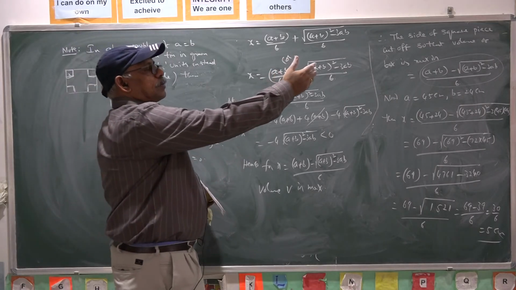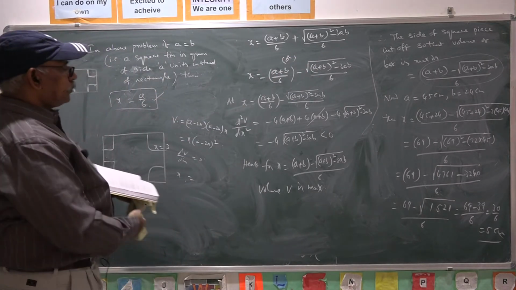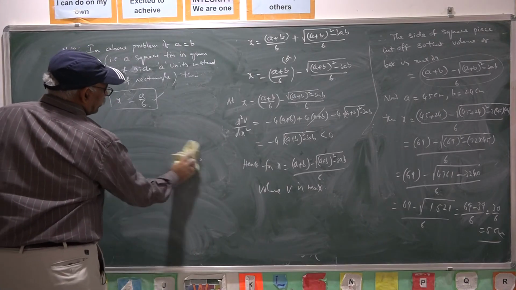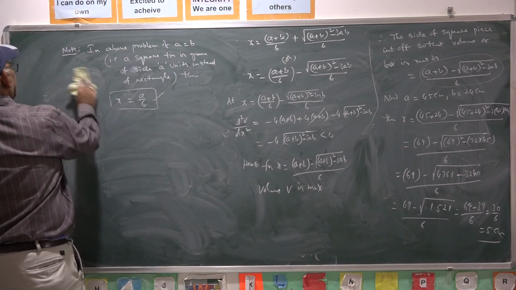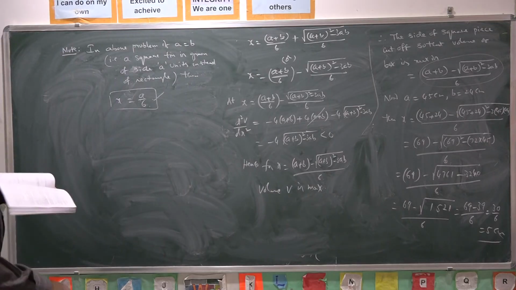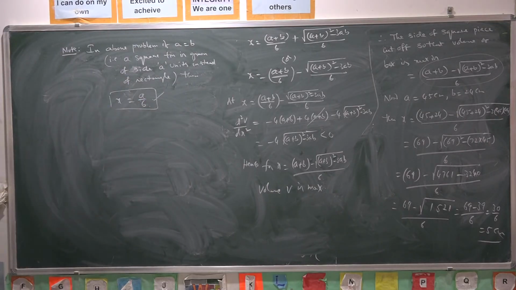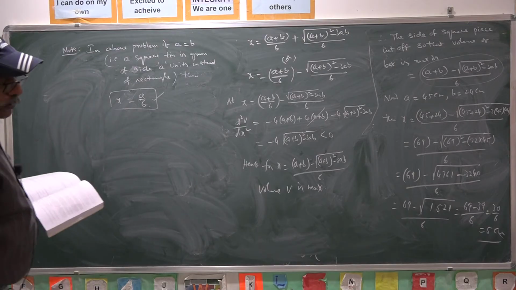For that, x equal to a by 6 we get. You try the 17th problem as if the 18th problem, by taking b equal to a. That is one important problem related to maximum and minimum.